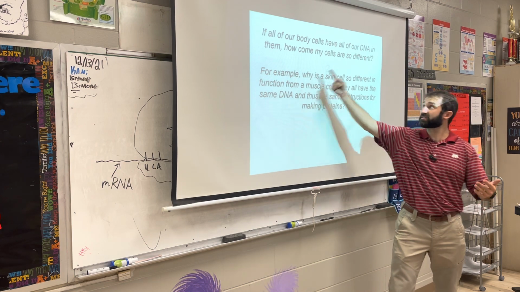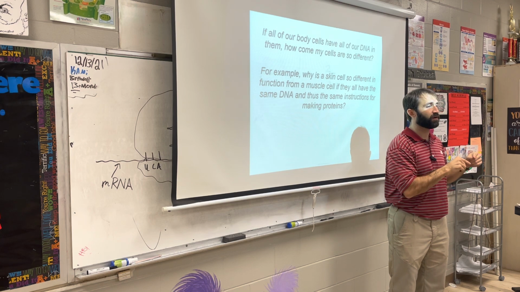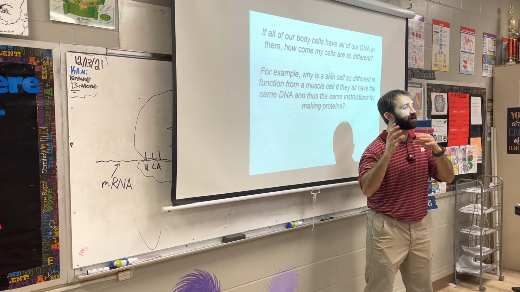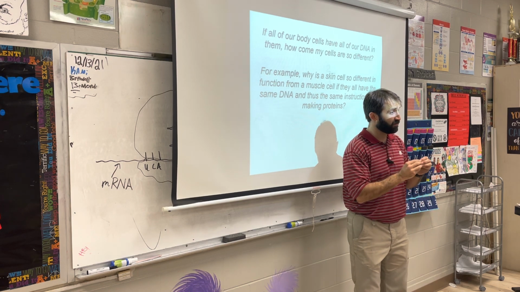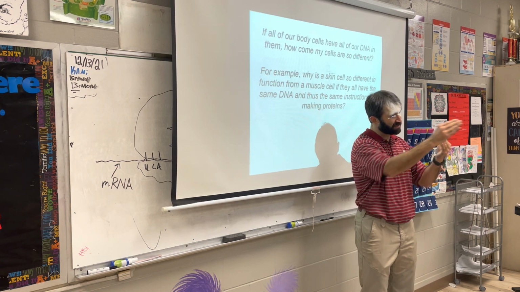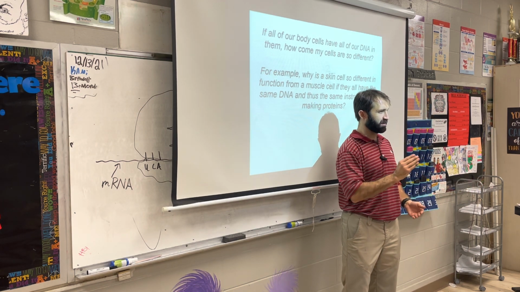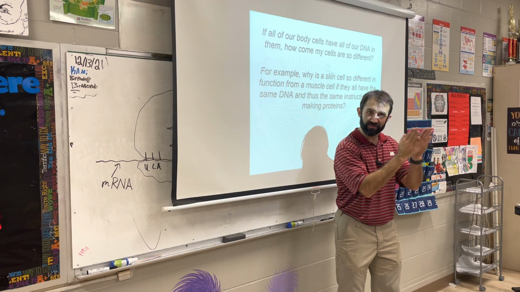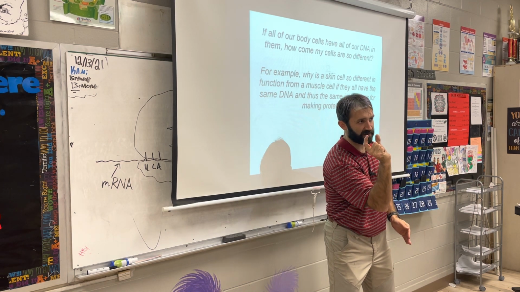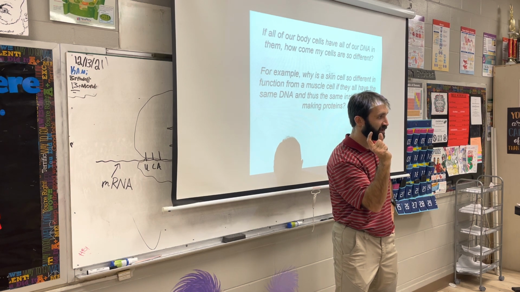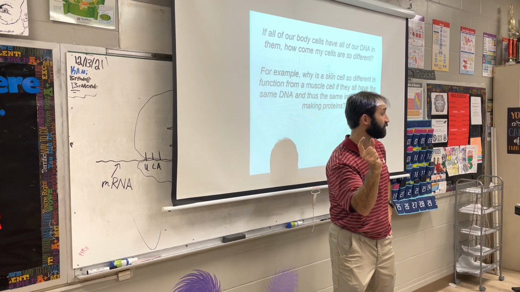The code is the same, but certain parts of the code become unusable by the cells as they differentiate. It's like in our cookbook analogy, you can't read these recipes anymore. It's like a little lock has been put on this part of the recipe, and you can only use the recipes for making pizzas. That's all you get because you're a pizza-making cell now.